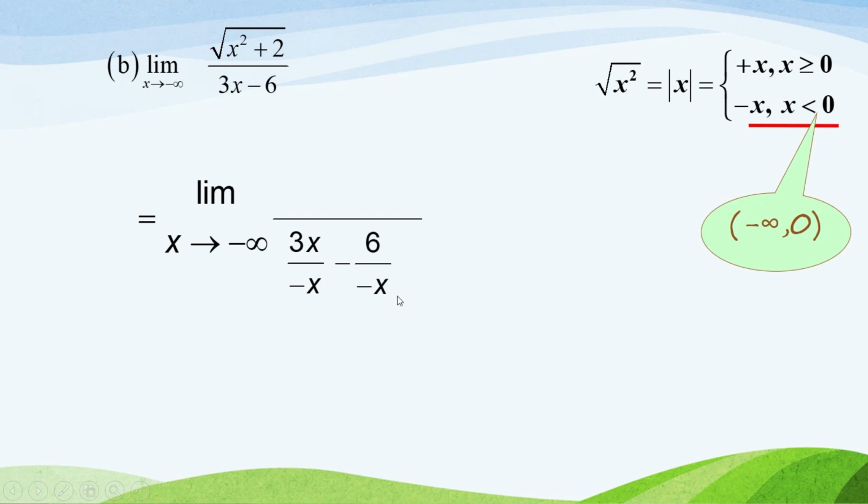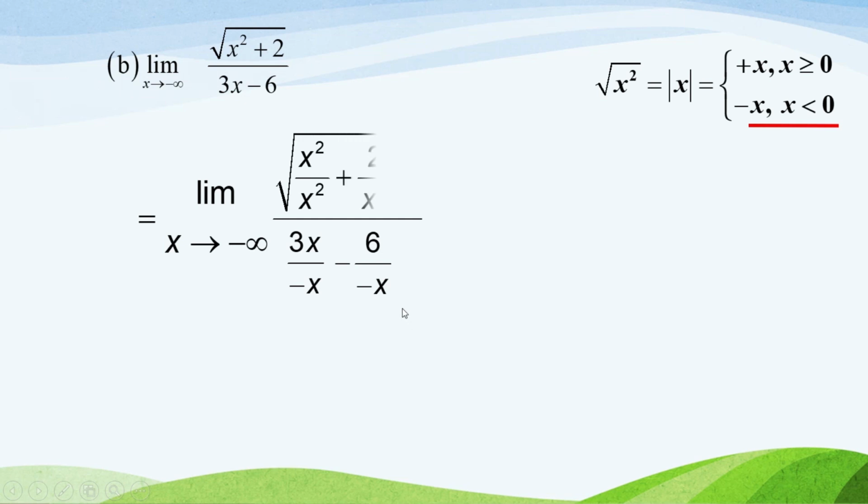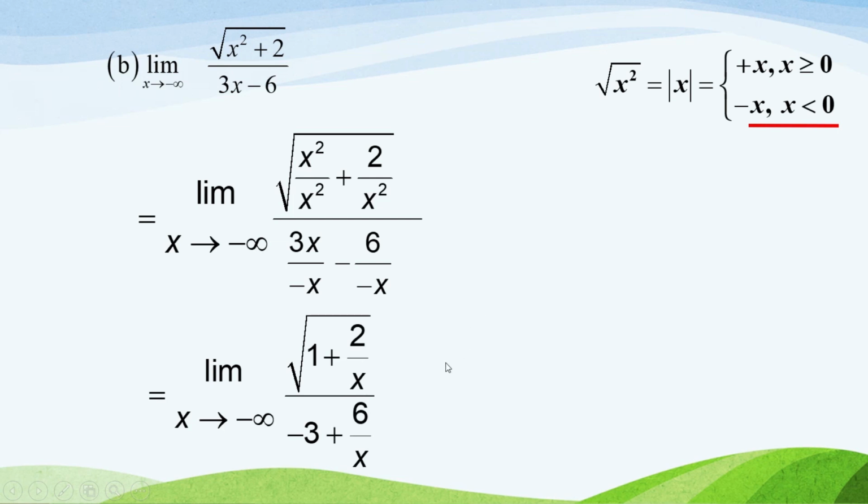For the numerator, we can divide by the square root of x squared. When we simplify, we get the square root of (1 plus 2 over x squared) over (negative 3 plus 6 over x).